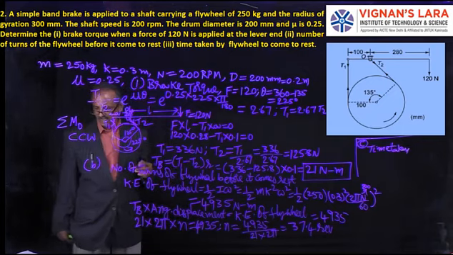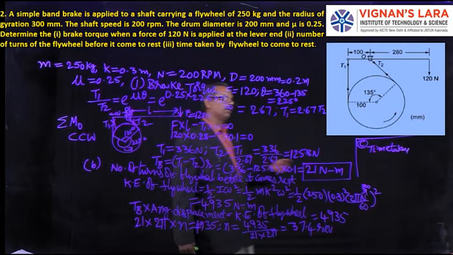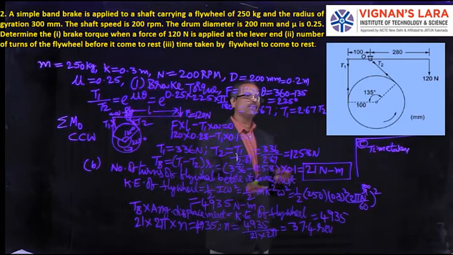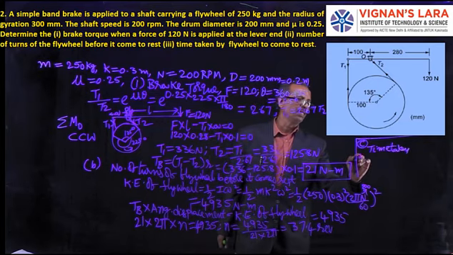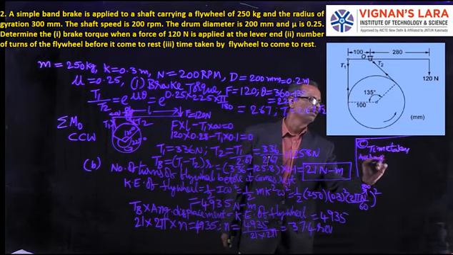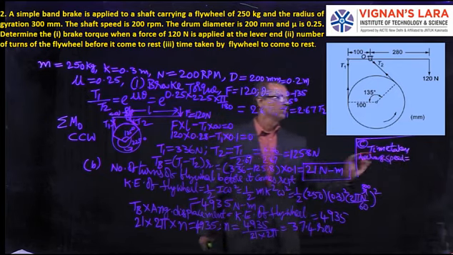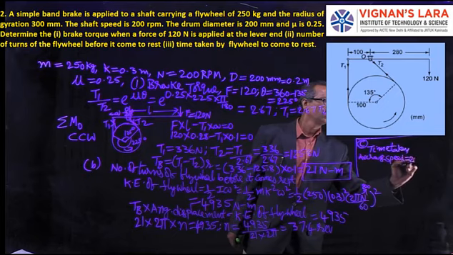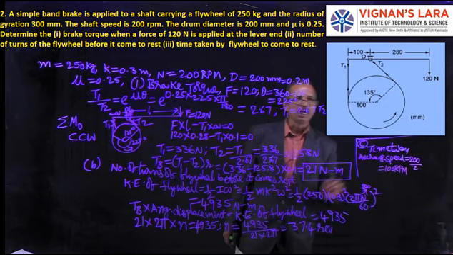So when it is coming to rest, the mean speed can be taken as its average speed. He has given the original speed as 200 rpm, so the mean is 200 by 2, that is 100 rpm.